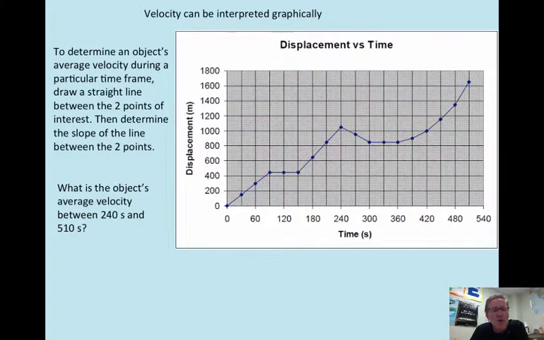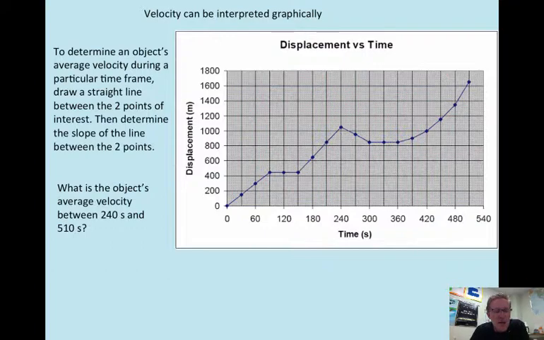Okay, the first thing, we're going to find average velocity when we have data on a displacement time graph. Sometimes I call these position time graphs also, so please don't get confused, even though it's two different terms.